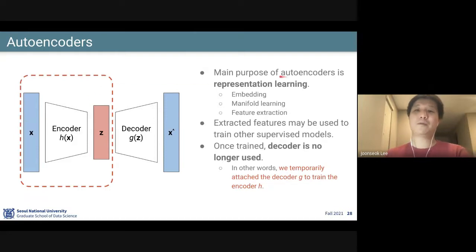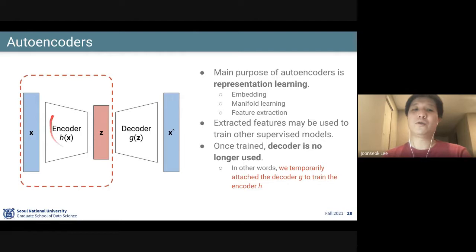The main purpose of this is representation learning. So this decoder part is actually not used. It is only used during the training to map this back to the original value, and then we have to compare that. So the decoder is used only during the training, and once it's done, we assume that this encoder actually learned the general patterns of the image, because they have to share this encoder for all the input images.